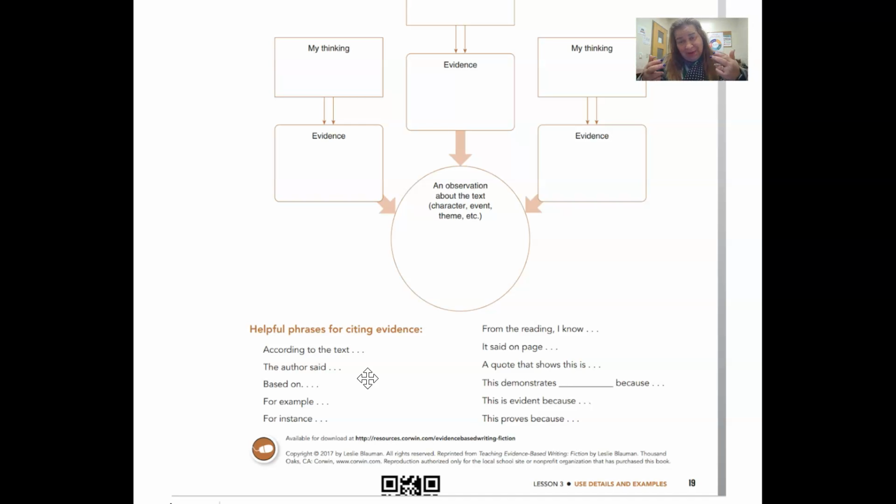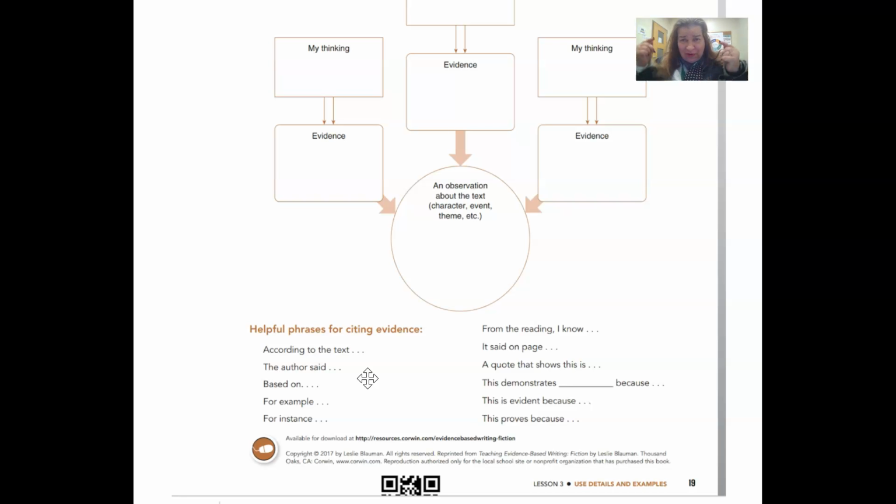So when you're writing paragraphs and essays, not only for English, but this can happen in other subjects too, such as social studies, you have to write. In science you have to write, and even in math you might have to explain something.